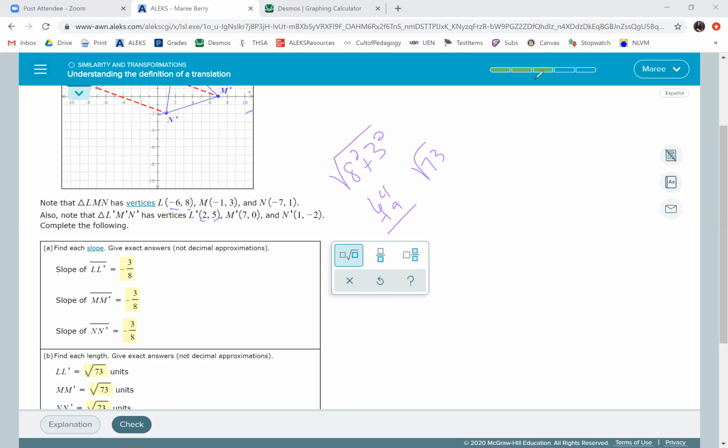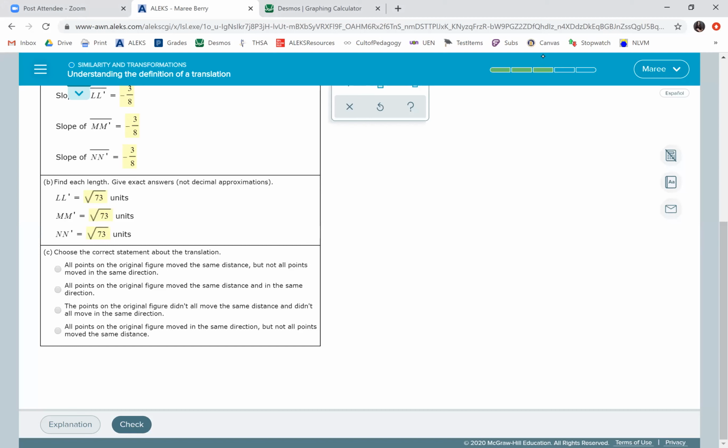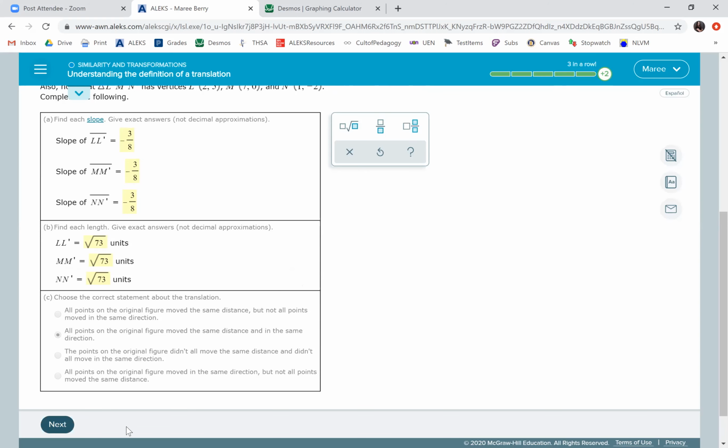For the final one, this one says not, so we don't want that one. This one, all points move the same distance and in the same direction. And that's the end of the lesson.